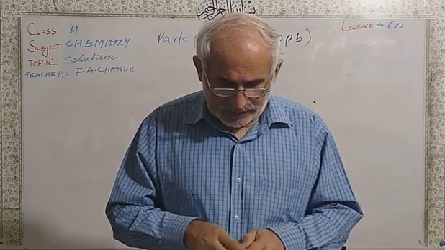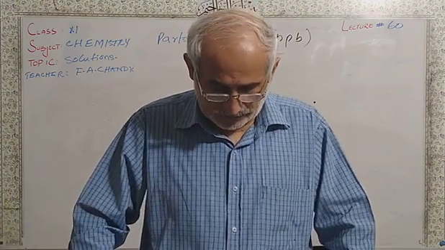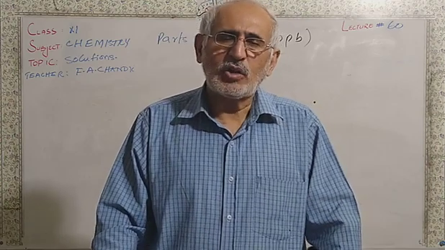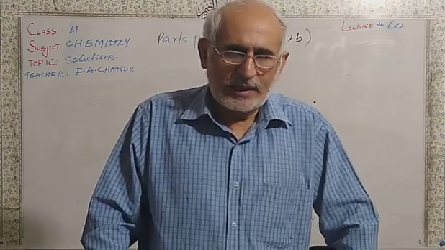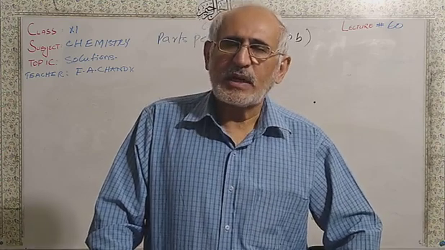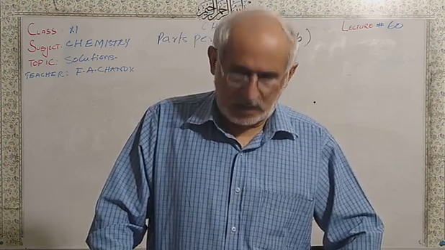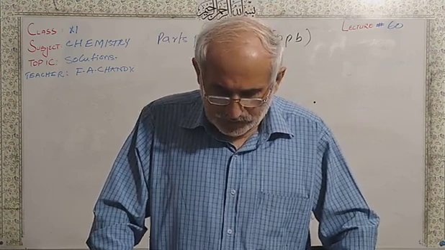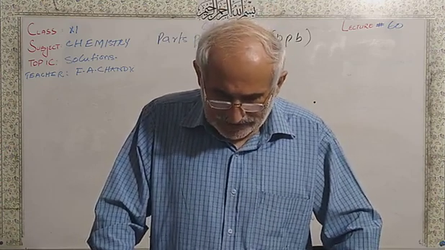Then there is parts per trillion: number of parts by weight or volume of solute divided by the mass or volume of the solution multiplied by 10 raised to power 12.